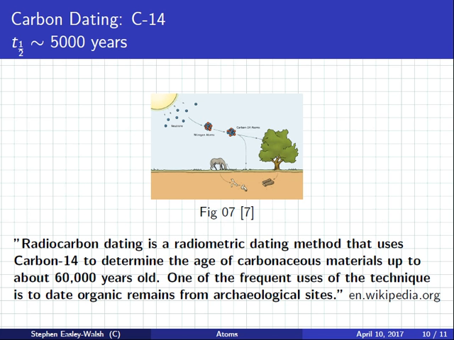Just to say about the carbon-14 dating, I think it's interesting because you can use carbon-14 to date things quite accurately, within plus or minus 200 years. And a lot of things that you discover at an archaeological site would have been alive at one point, so they have carbon-14 in them.